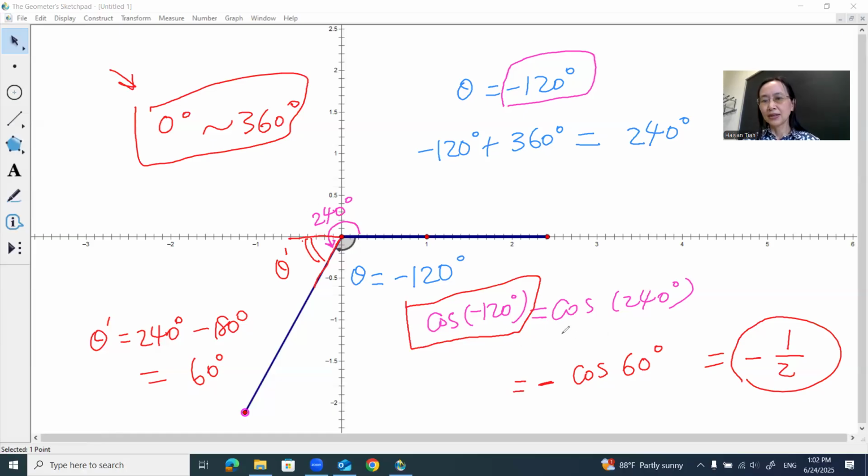Then, after we find the least positive angle that is coterminal with the given angle, we can conveniently find the reference angle of the least positive angle, and then use the reference angle. By the way, we address the sign of the given problem, then we will find the final answer.